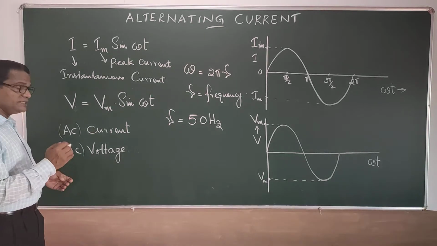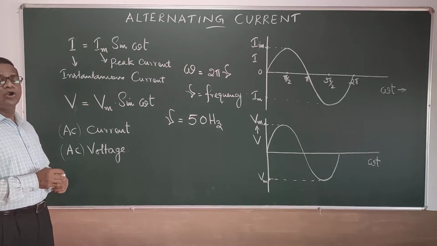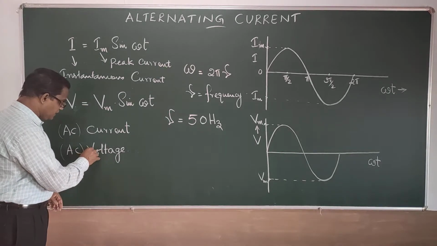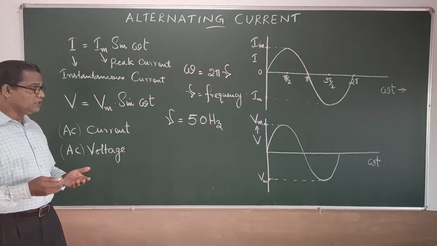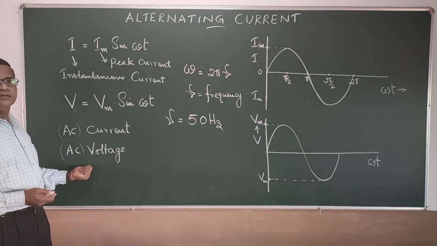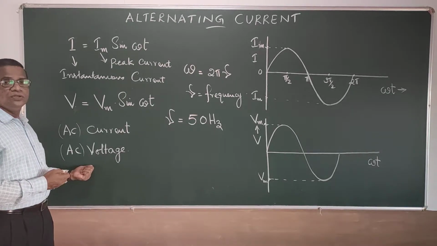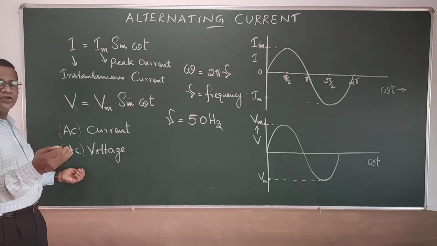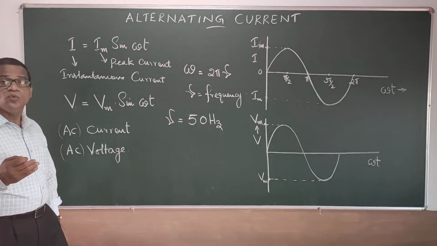So when you hear AC, it means alternating. Voltage is actually a unit of potential difference, but here we take that word directly to represent the alternating potential difference, and we call it in general AC voltage.